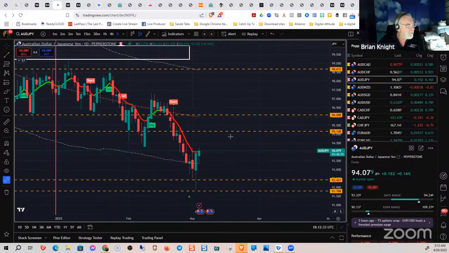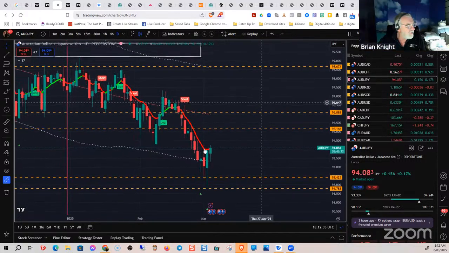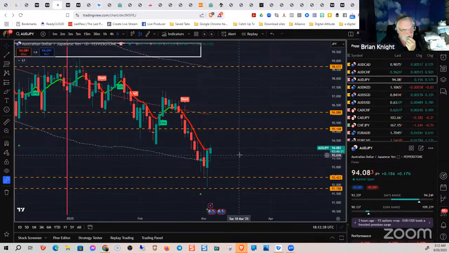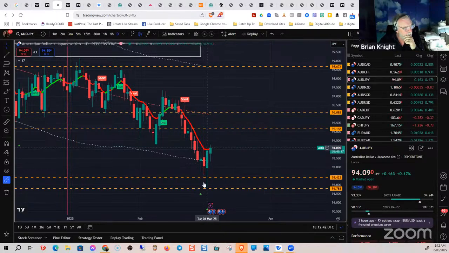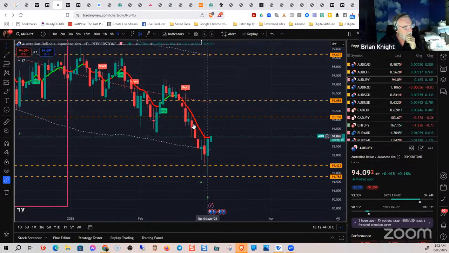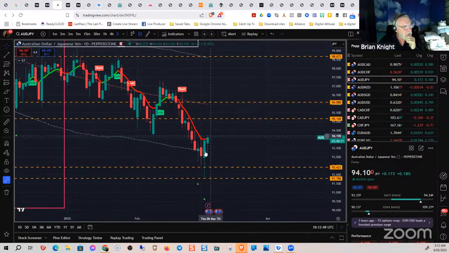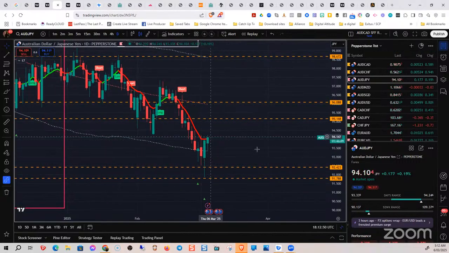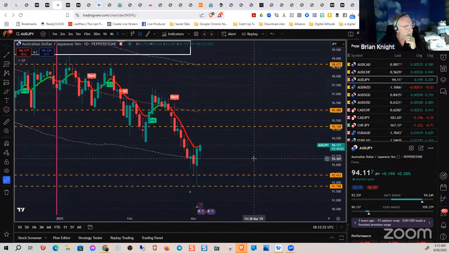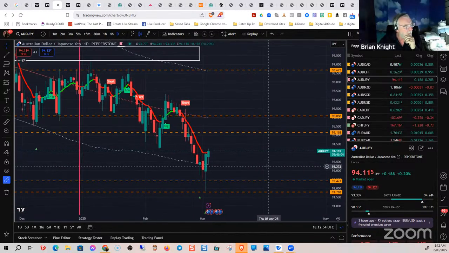I think the JPYs are losing a bit of strength at the moment, which is interesting. So AUDJPY, no trend bar change. We do have a green. We don't have a trend bar change as such yet, but there is potentially a push back up again.